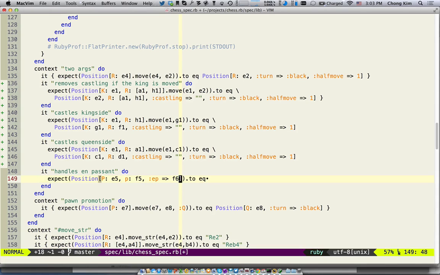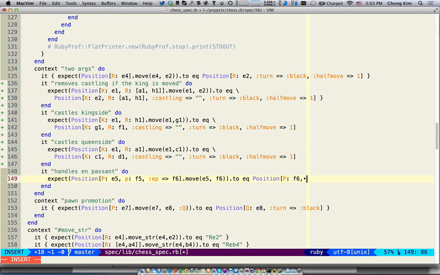And we make the move from E5 to F6, and that should be a legal move. That's en passant. So then the resulting position should be the pawn on F6, and there is no other pawn, no black pawns because it's been captured.